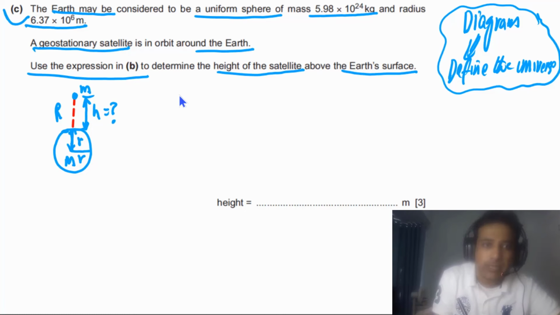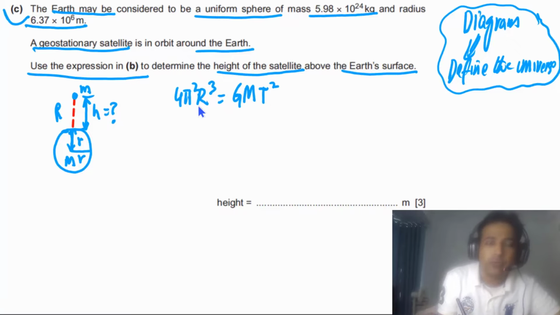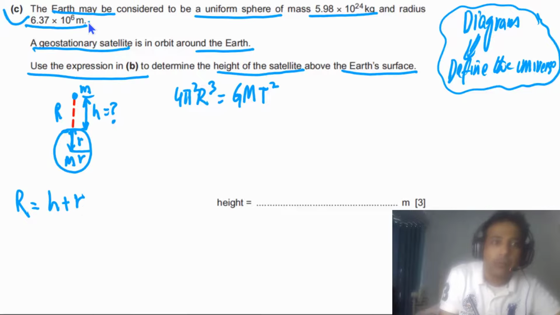In the last question we have already discussed that 4 pi squared R cubed, this expression we have derived in the last part, is equal to G M times T squared. So from here, first of all, we can find the value of R. If we have the value of R, we can say R will be equal to h plus small r, and small r we have.